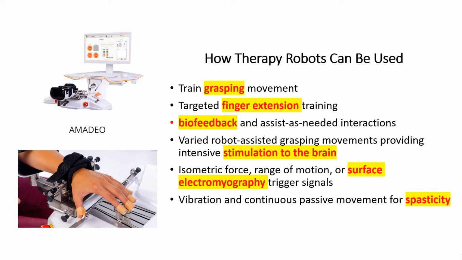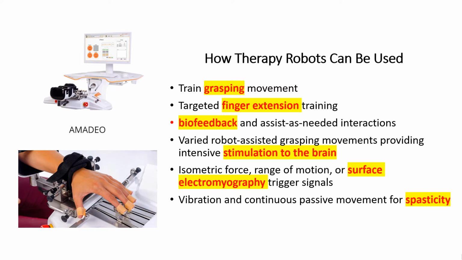Biofeedback is another area, using the feedback from the movements and surface electromyography with contraction of the muscles, which the robot can then use to assist the movement to achieve the ultimate goal of the end effect of the motor task.